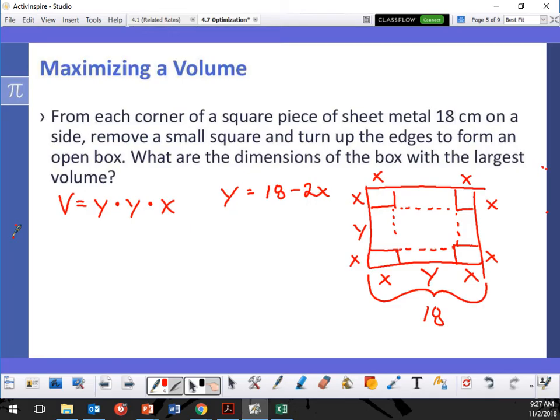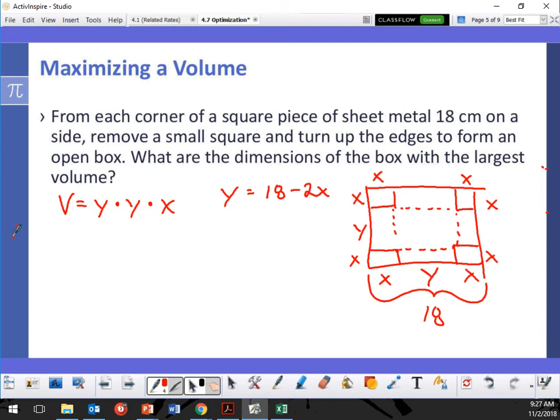But eventually, if I cut off so much, my volume is going to start going down too, because I'm not going to have the surface area to go around it. So I know that Y would be equal to that. Is that going to be helpful for maximizing the volume? Yes, that's going to be very helpful.